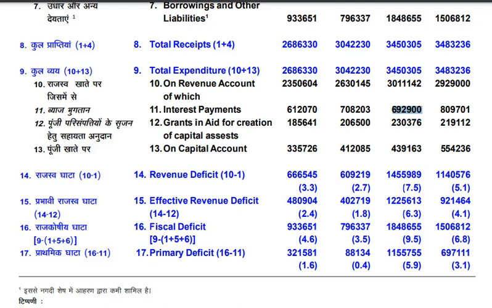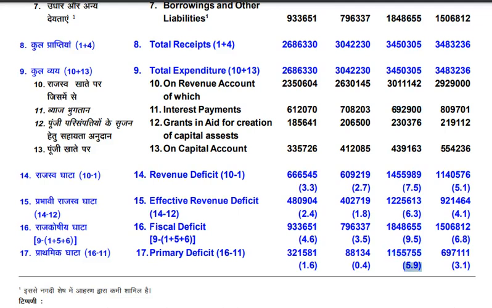So for this particular financial estimation, it is 18,48,000, and if I deduct this 6,92,000, that is the interest payment, I am left with 11,55,755 crores, which is 5.9%.